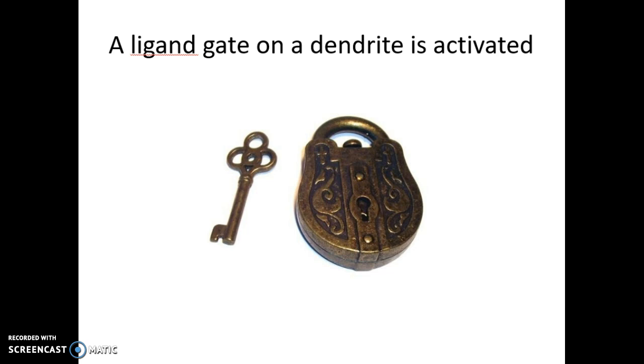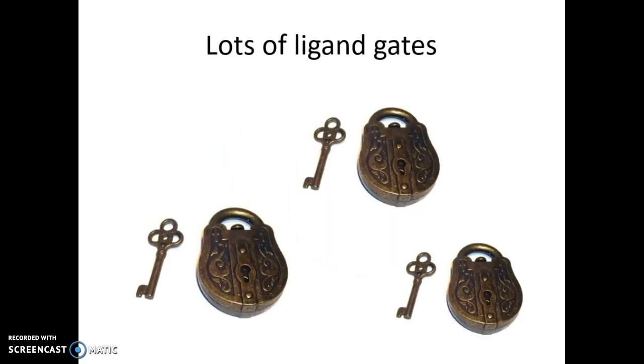So we see that ligand gate is activated, and we'll see that there is a local potential when one ligand gate is activated. And then as we activate this ligand gate and this ligand gate and this ligand gate, those local potentials are going to build and build and build until we see that we have enough energy to activate a voltage gate. And the cycle starts all over at number 5.